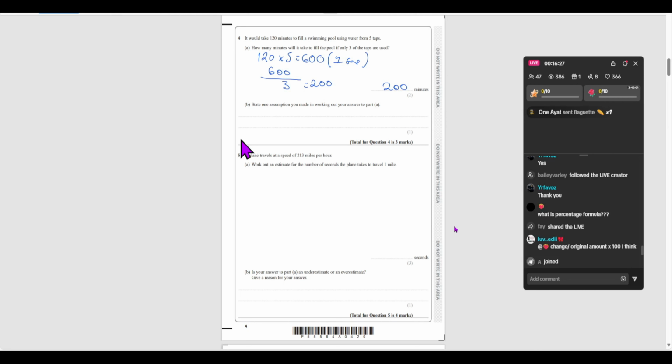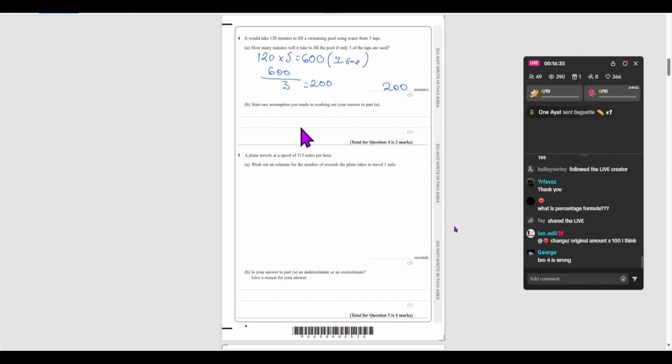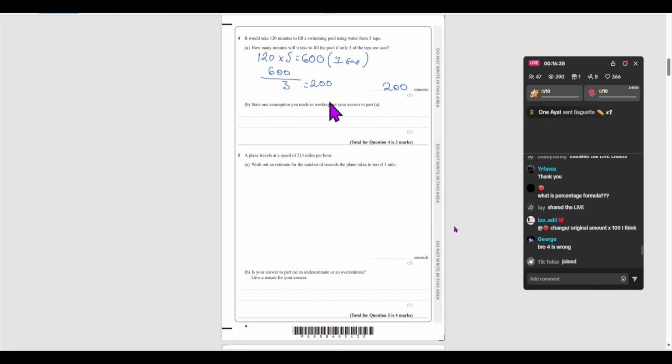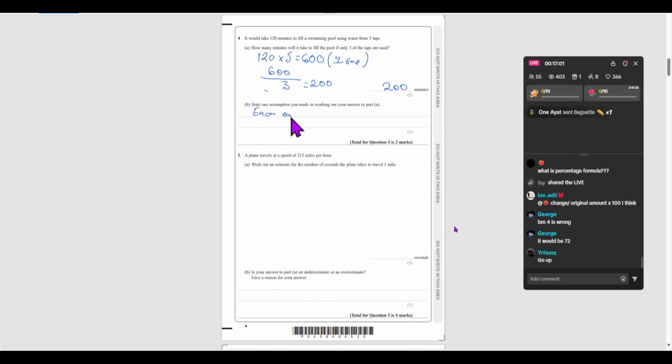You need to state one assumption that you made in working out your answer to part A. The assumption we made is each tap has the same flow rate.